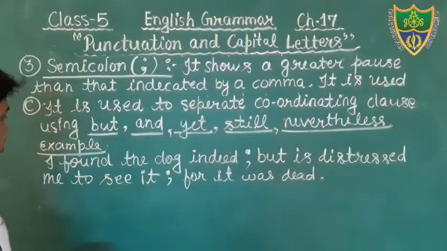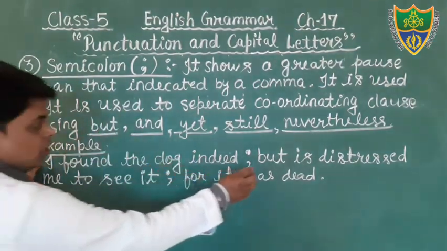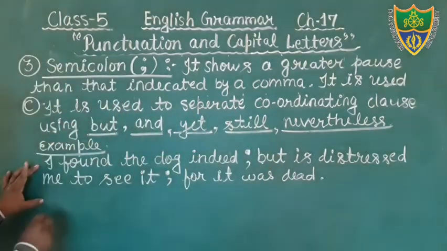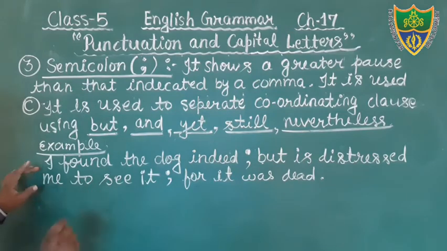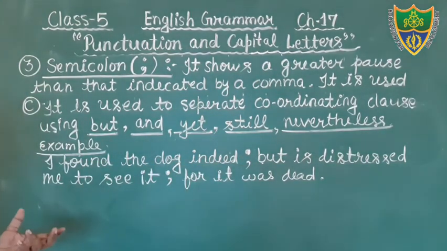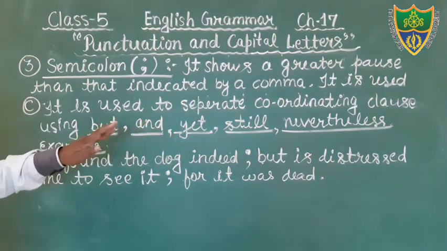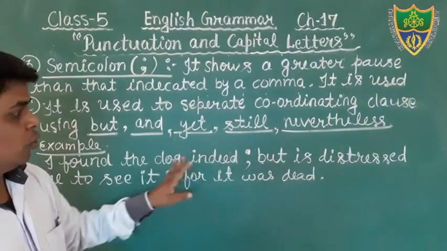Okay, students? So just see here. To separate coordinating clauses, you can see what a coordinating conjunction is. Therefore, I have used here 'but' and it also separates these two sentences.